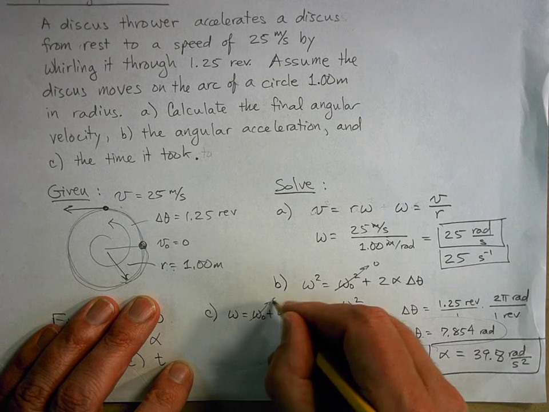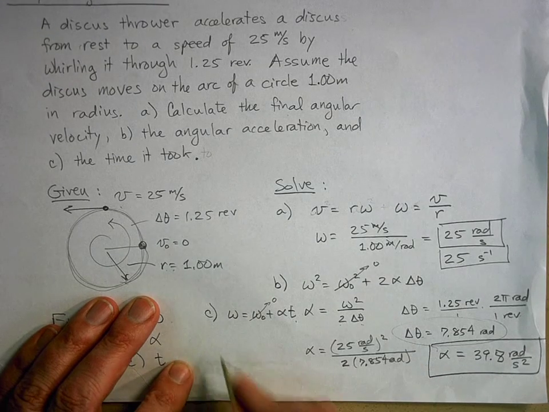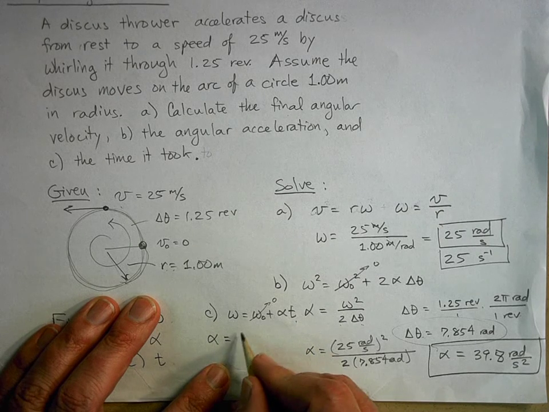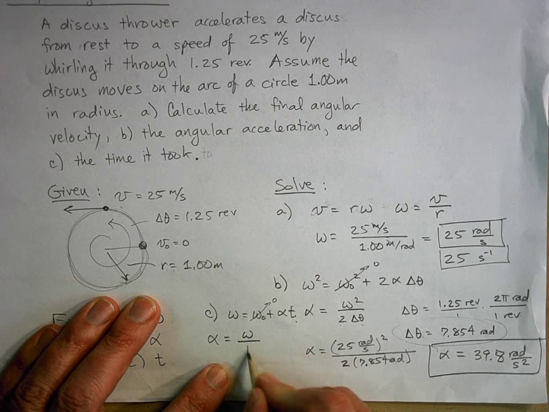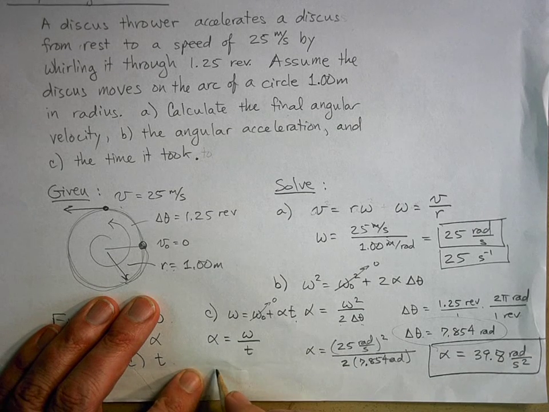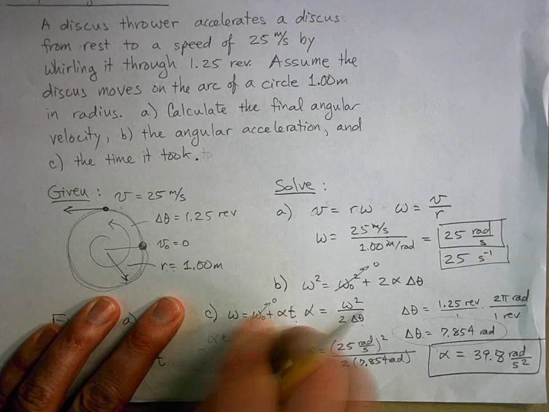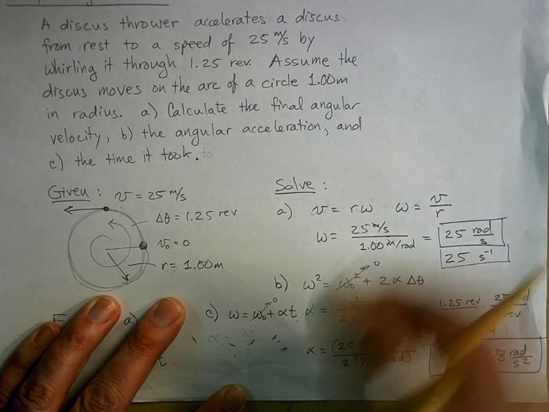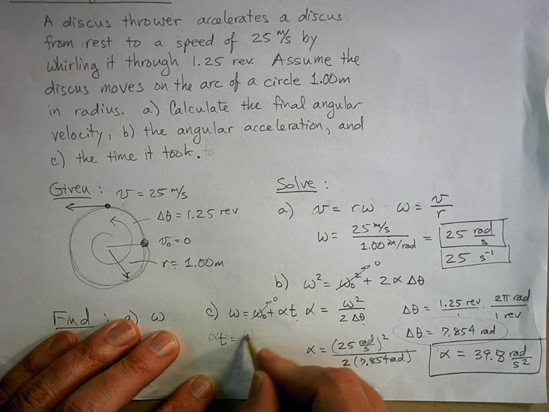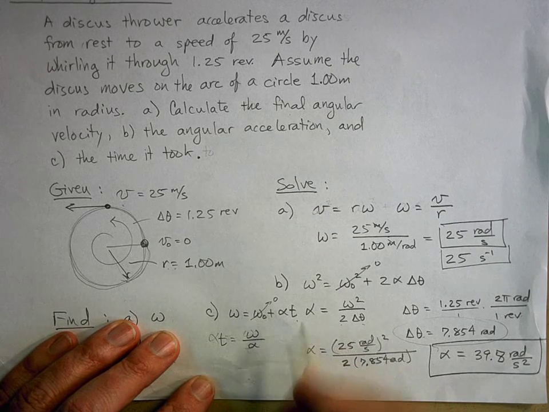The initial angular velocity is 0, so alpha is equal to omega over t. I'm sorry, I'm thinking about something else instead of what I'm doing. All right, so time is equal to omega over alpha here.